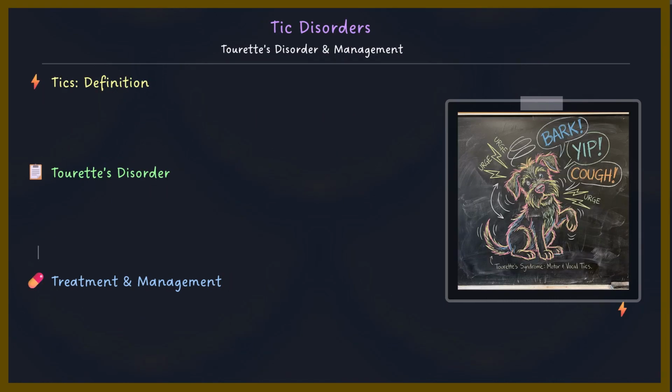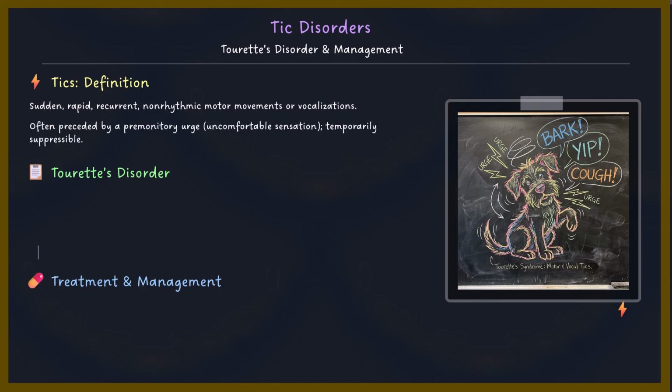Next, we are going to discuss tic disorders. So tics are sudden, rapid, recurrent, non-rhythmic motor movements or vocalizations. And these are often preceded by an uncomfortable sensation, temporarily suppressible until it's not. For Tourette's disorder, the criteria is multiple motor tics and at least one vocal tic, so it has to be both.